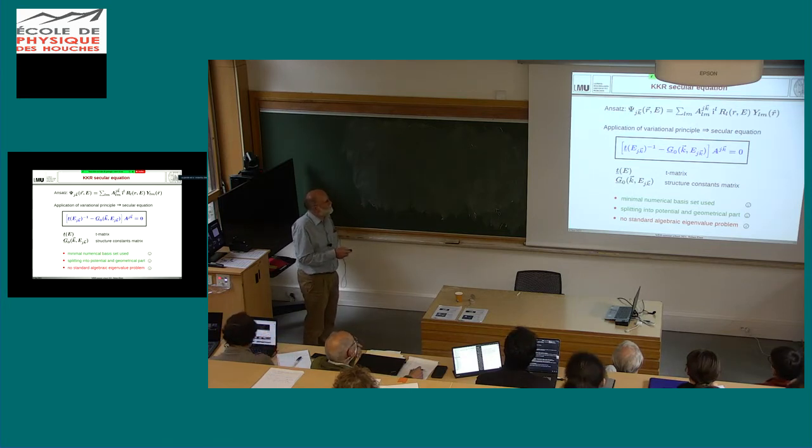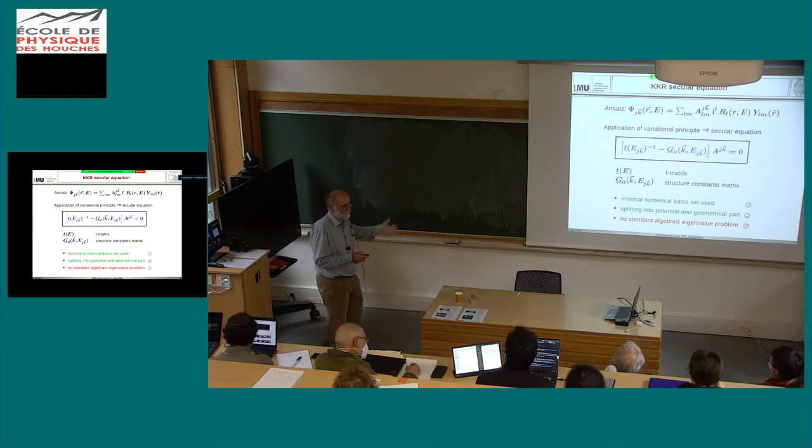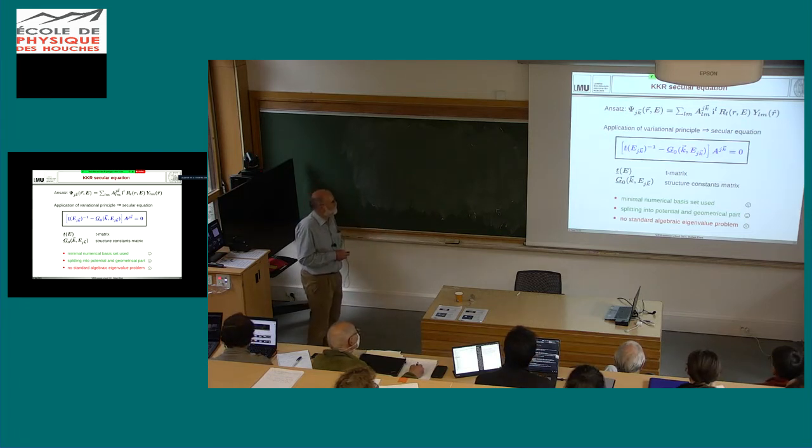And minimal simply means that we can follow chemical intuition. So if we talk about transition metals, it's sufficient to go in that angular momentum expansion normally up to L equal 2. If you want to do a better job, you can go to 3, but this is often not necessary. So that's very nice.